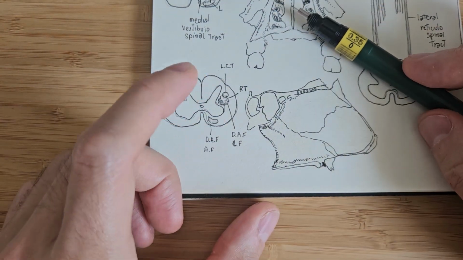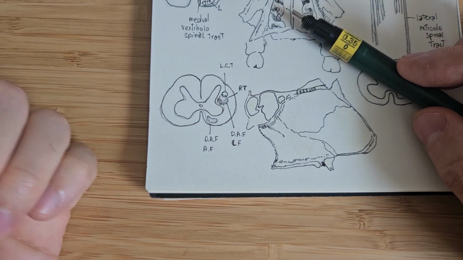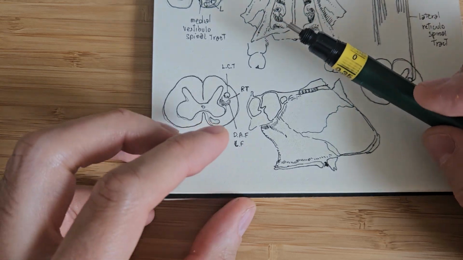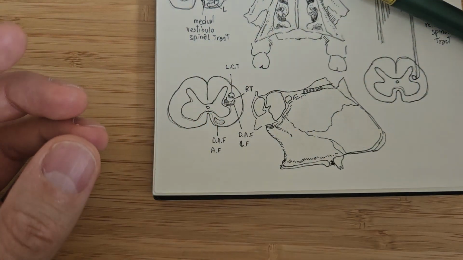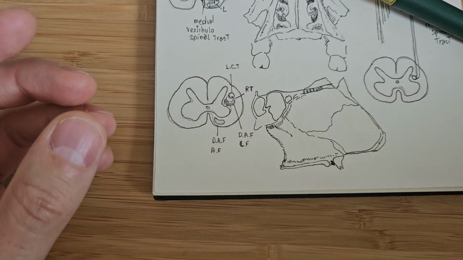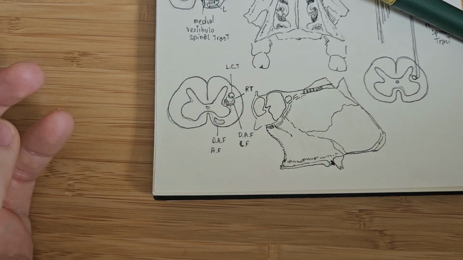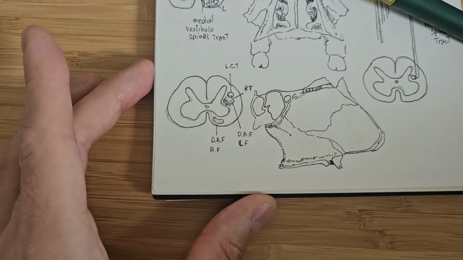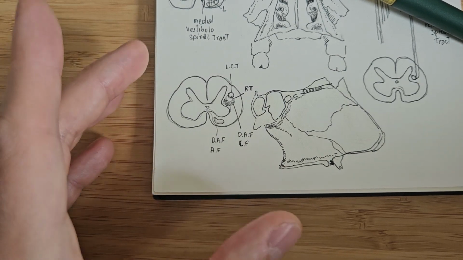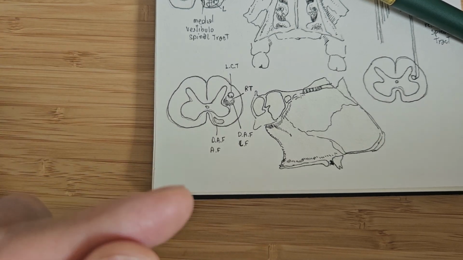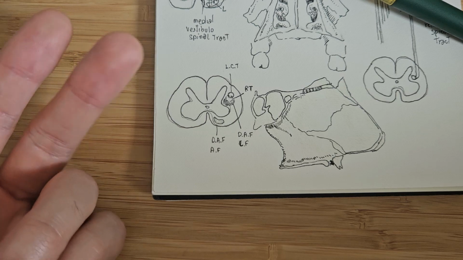Now, when the descending autonomic pathways are damaged, by injury or disease, this can lead to disruptions of autonomic function, such as sympathetic dysfunction, where damage to the descending autonomic fibers results in reduced sympathetic activity, leading to symptoms such as hypotension, bradycardia, and impaired thermoregulation.